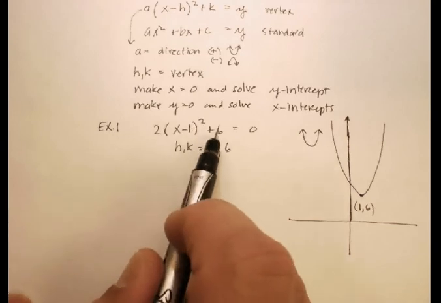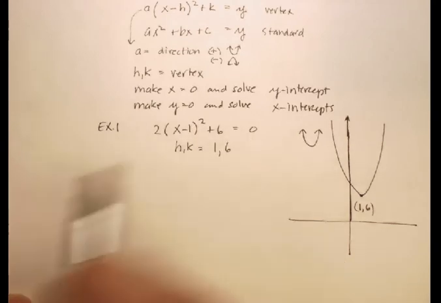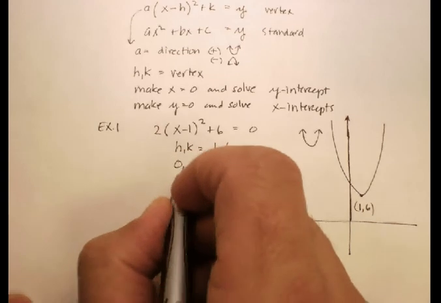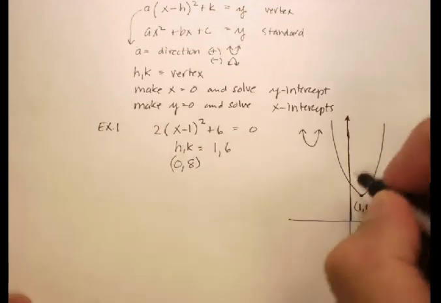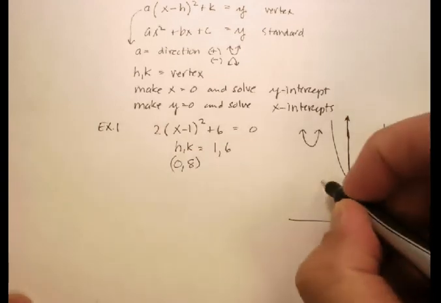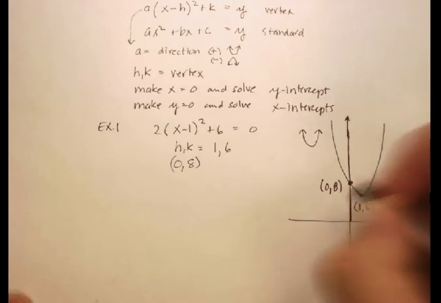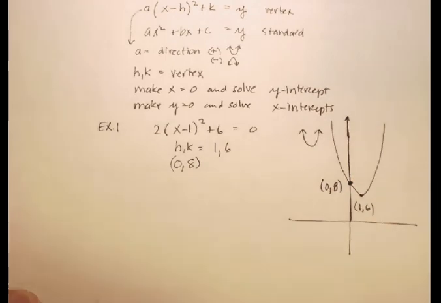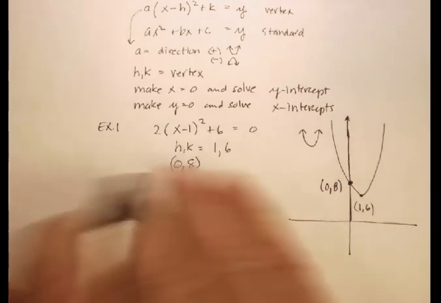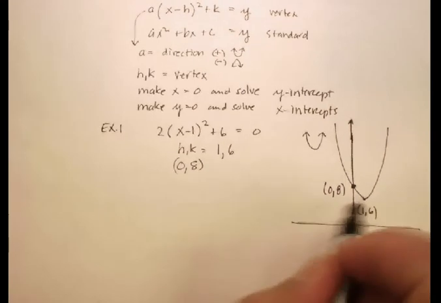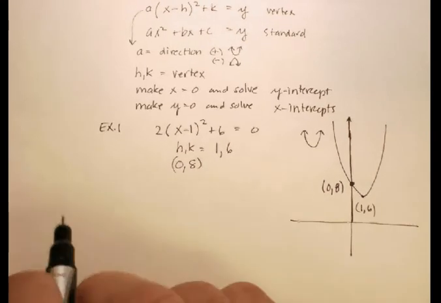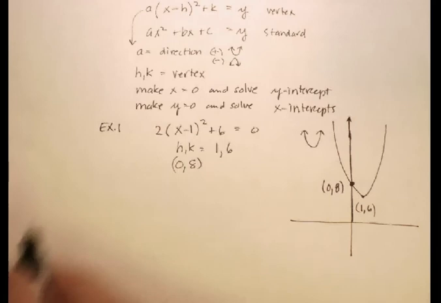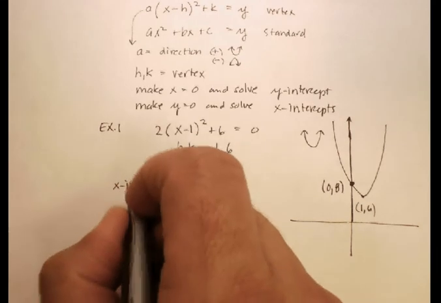Plus 6 will give me my y, and that's actually 8. So my y-intercept is 0, 8. And actually that makes a little bit of sense when I look at my sketch. Now look, with a very minimum amount of work, I've already gotten 2 important points.